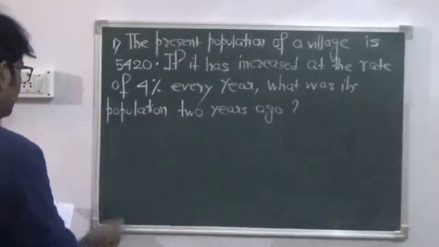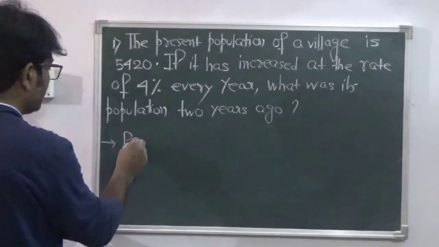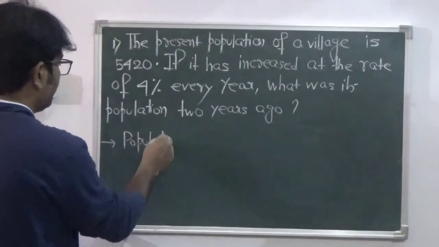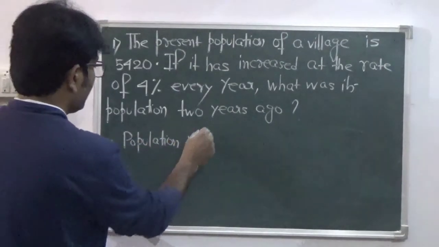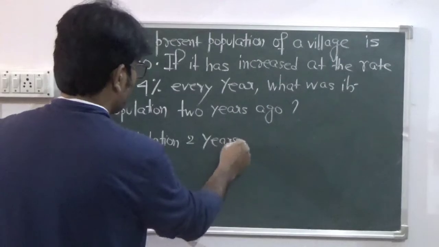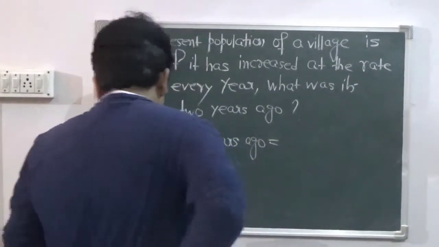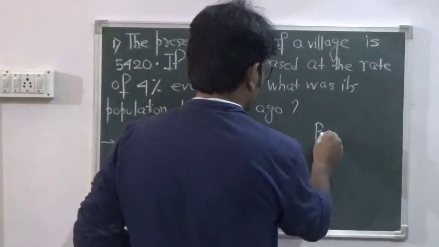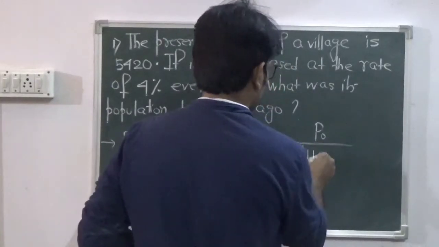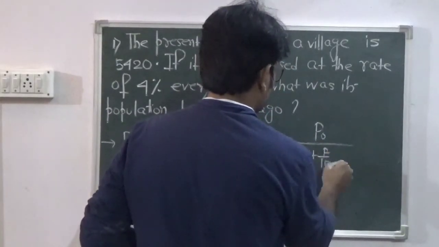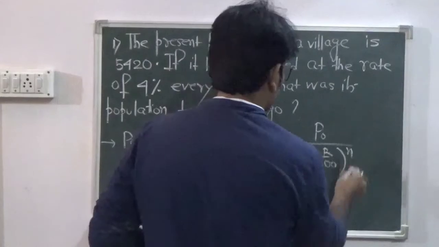So we have the formula. Population 2 years ago is equal to P0 divided by (1 plus R by 100) to the power n.